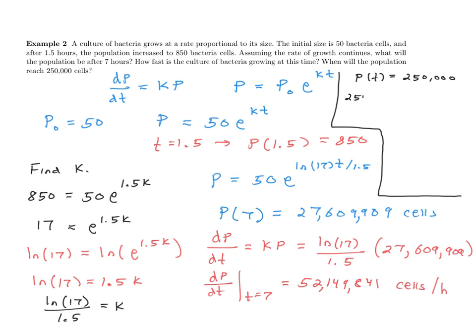So we get 250,000 is equal to 50 times e to the natural log of 17 times t over 1.5. I'll divide both sides by 50. So 250,000 divided by 50 is 5,000.